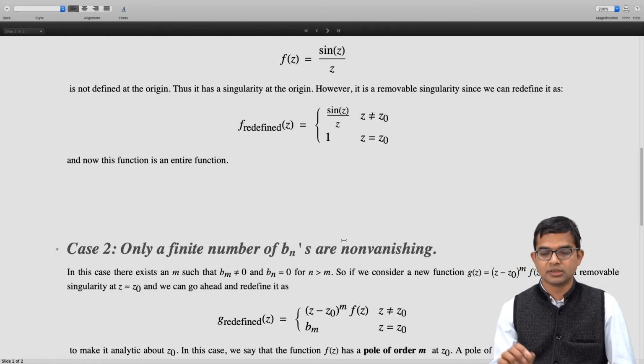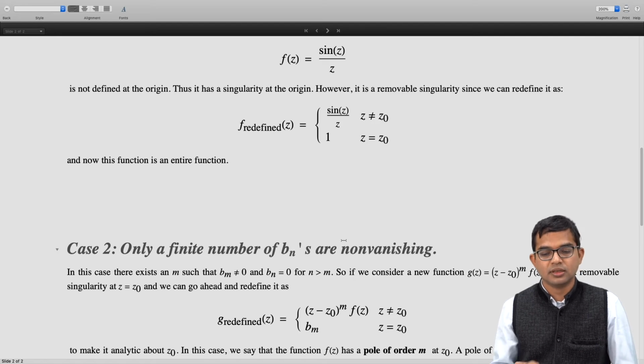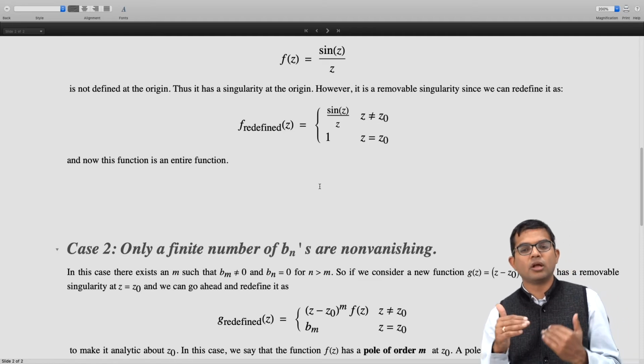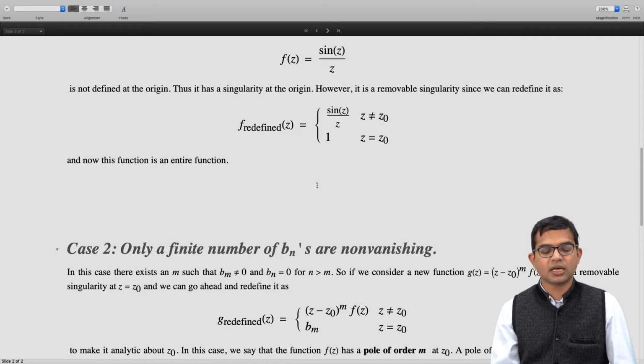So bm is the coefficient which is critical as far as this new function is concerned. It's not a naught but bm. So bm will play the same role as a naught played in the previous discussion, and then it becomes analytic at z naught, therefore analytic in some region around it in the neighborhood.